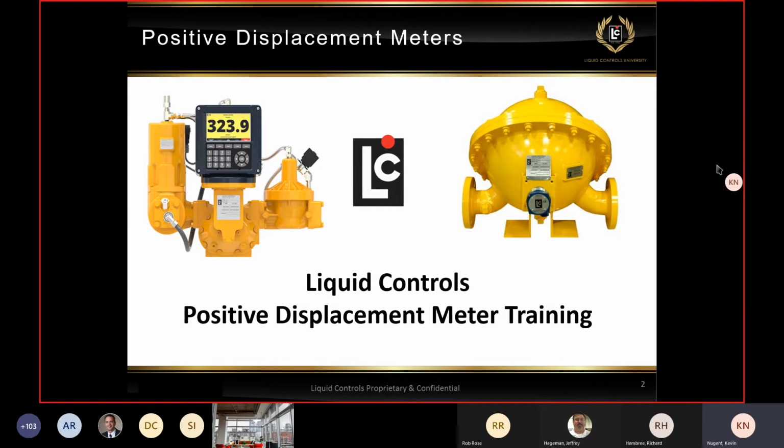We're showing the aluminum meter, strainer, optical vapor eliminator, the LCR-IQ register, preset differential valve, and on the right-hand side, the steel case spherical meter. It has ANSI flange connections and pulsar output.